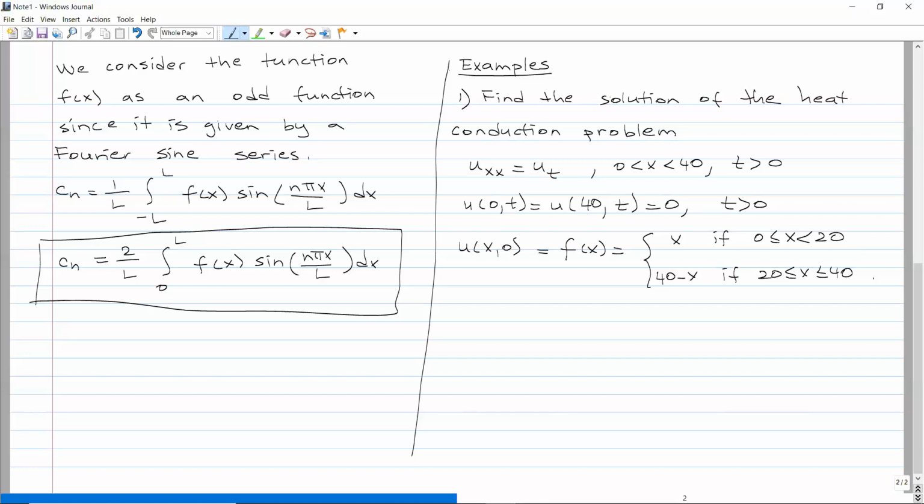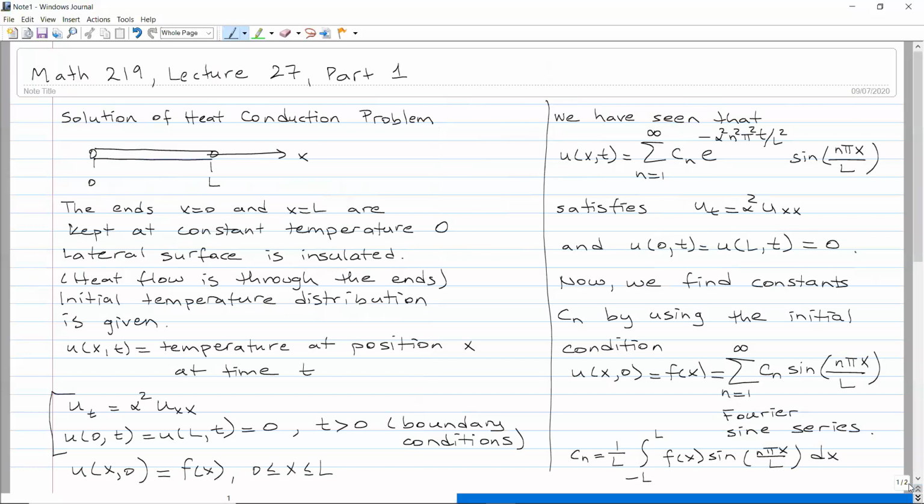Remember, we need to find the value of some constant lambda, which gives us non-trivial solutions. And then combining those solutions, we obtain this solution. I just give you the result here.